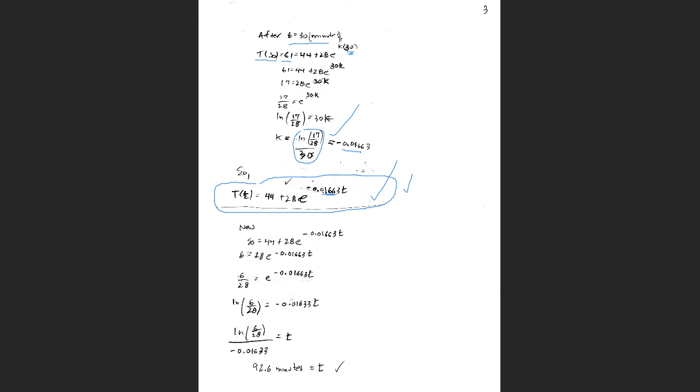You notice the value of K we got is negative. Would it be a problem if the value of K were positive? Would that be a problem? Okay, Rodrigo says definitely. The value of K has to be negative. Why?